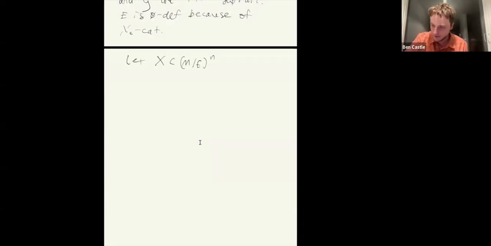So okay, before I start, let's just replace M with M mod E, for convenience, because I don't really want to have to write the mod E every time.